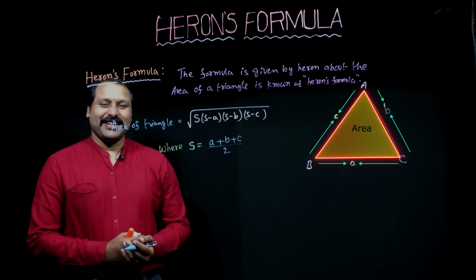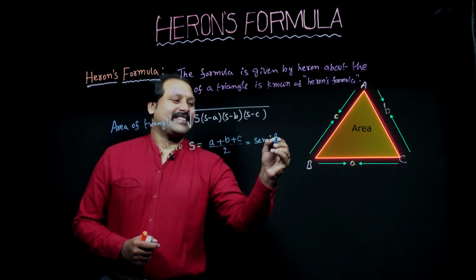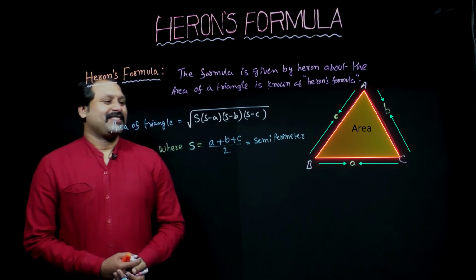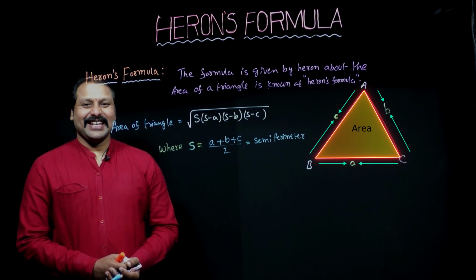So this is nothing but the semi-perimeter. Here S denotes the semi-perimeter of the triangle.